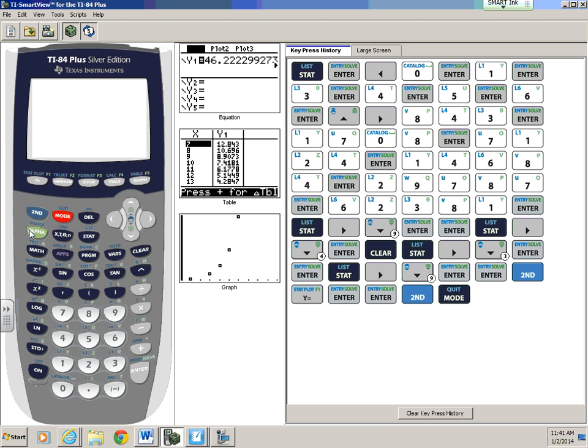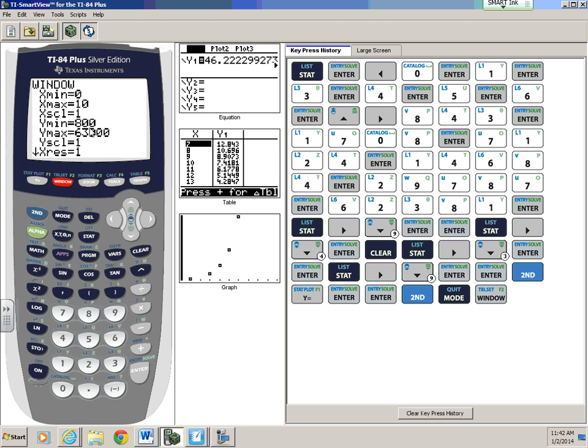Now, you'll notice that the table of values, my x values go from 0 to 6, but my y's go from 843 to 62,381. So I need to change the windows, which I've done here, to go from 0 to 10 and 800 to 63,000. Okay?